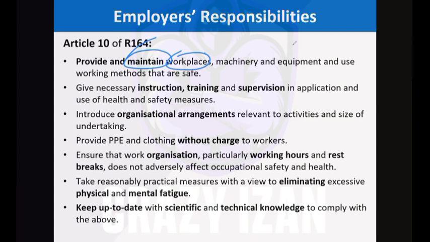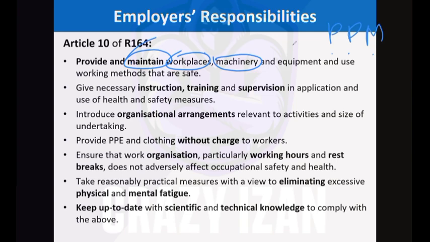Also, you need to maintain machinery as well. So if for the equipment or machinery there is no PPM, PPM stands for Planned Preventive Maintenance Program. Okay. So if the employer does not have a planned preventive maintenance program, that can result in a breach of the law.